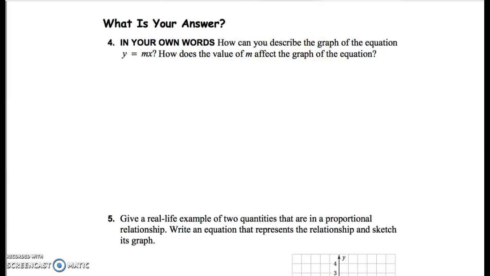So we've been talking about lines a little bit. We've been talking about the slope, okay? And I've told you that m represents the slope of the line. So how could m affect the graph of the equation? Well, in one of the very first lessons we did about graphing, we said that the slope tells you how steep the line is, okay?